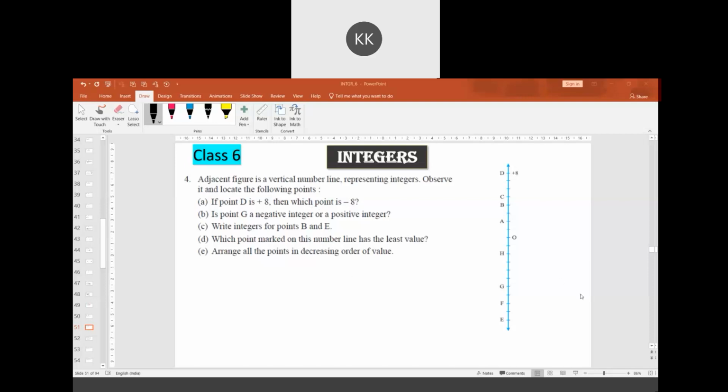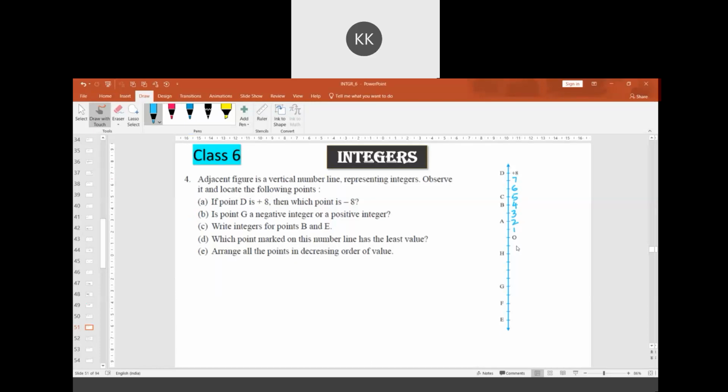When positive 8 is point D, down below it will be minus 1, so it becomes 7. So this will be 7, then 6, 5, 4, 3, 2, 1.